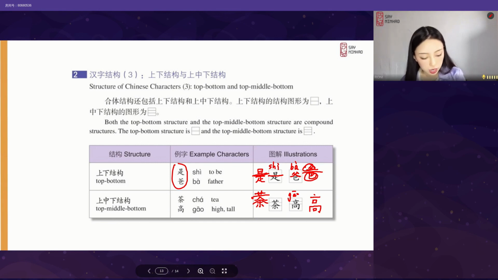Yes, obviously, this part, this part, and this part. And this is a radical. We won't separate the dot and the horizontal into two parts, okay? This is an individual radical. This is the top-bottom and top-middle-bottom structures, these two.